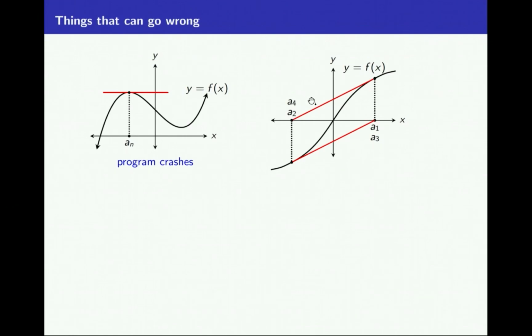At this point, you can see that your so-called approximations to the solution, a sub 1, a sub 2, a sub 3, a sub 4, a sub 5, a sub 6, are just bouncing back and forth, and they're never converging to the solution of 0. This is an infinite loop. Well, that's something that could go wrong too.